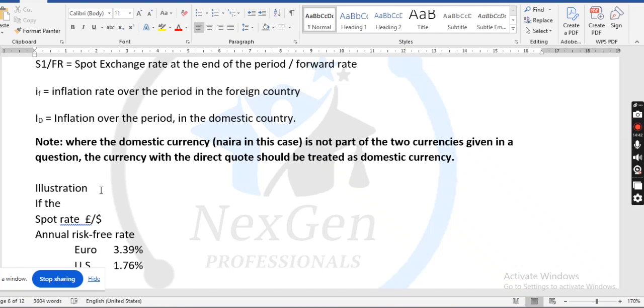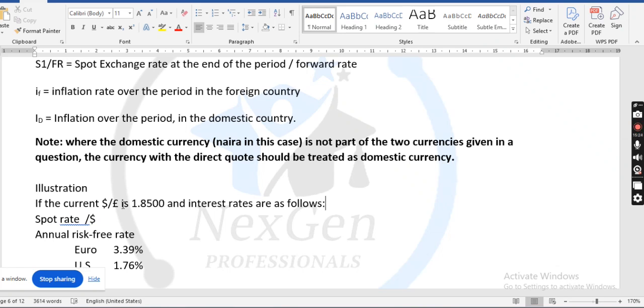If the current spot rate is 1.8500 and interest rates are as follows.